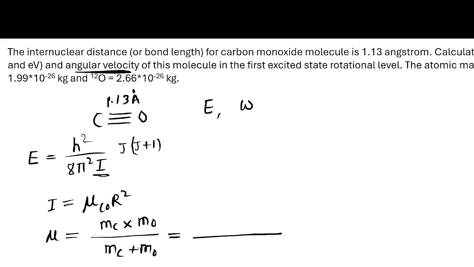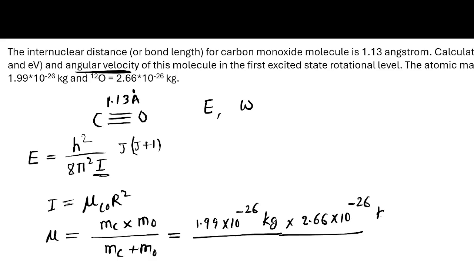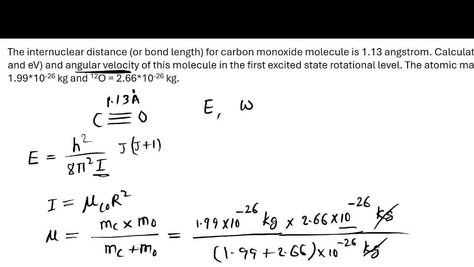These values are given here: 1.99 times 10 to the power minus 26 kg, and 2.66 times 10 to the power minus 26 kg. In the bottom I will take common 10 to the power minus 26, so it will be 1.99 plus 2.66.